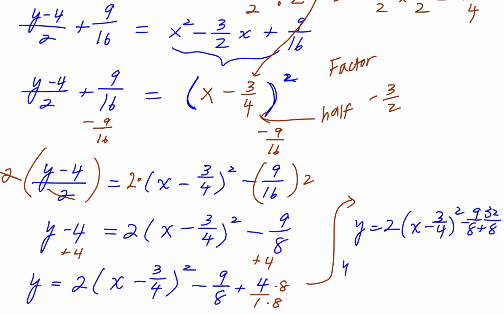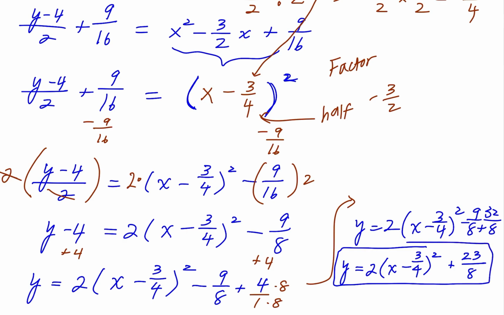Okay, so then y equals 2 times (x minus 3/4) squared plus 23 over 8. That is the vertex form equation, which helps us identify the vertex, which is this number, positive 3 over 4, and then that number, positive 23 over 8.